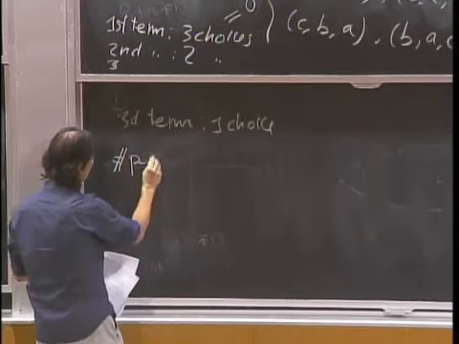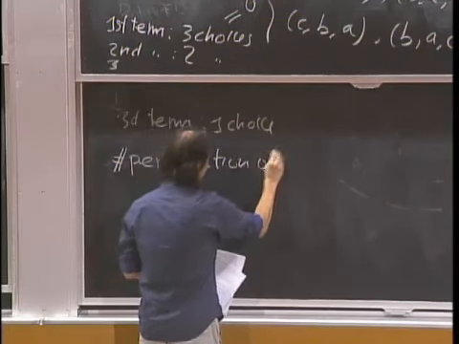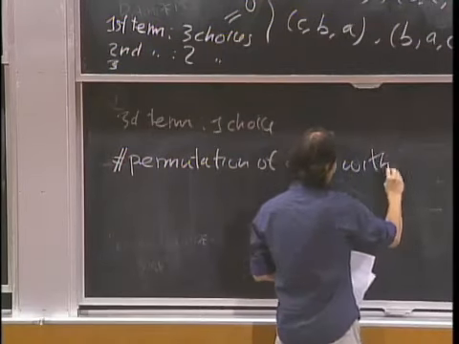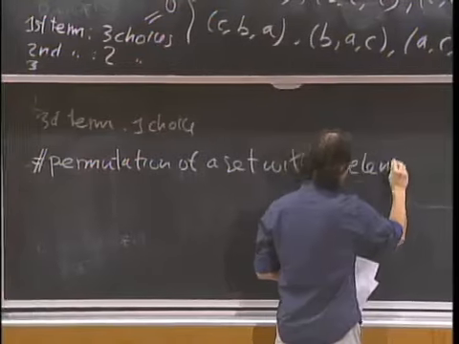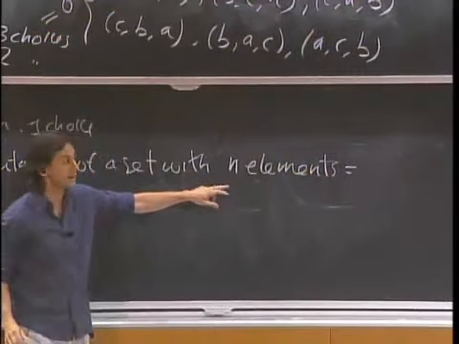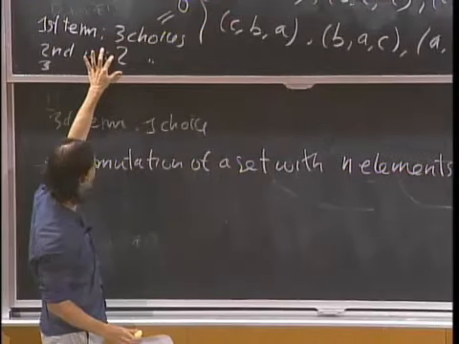Now, in general, we can do this for any permutation, and if you want to count the number of permutations of a set with n elements, it turns out that that is equal to n times n minus 1, just like here. We have 3 elements, 3 times 3 minus 1, and so on.